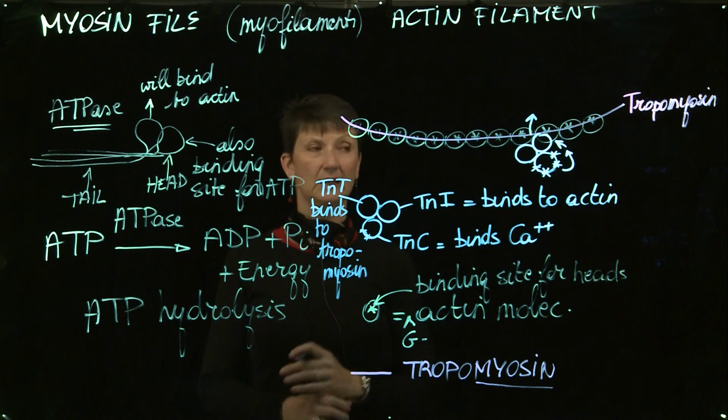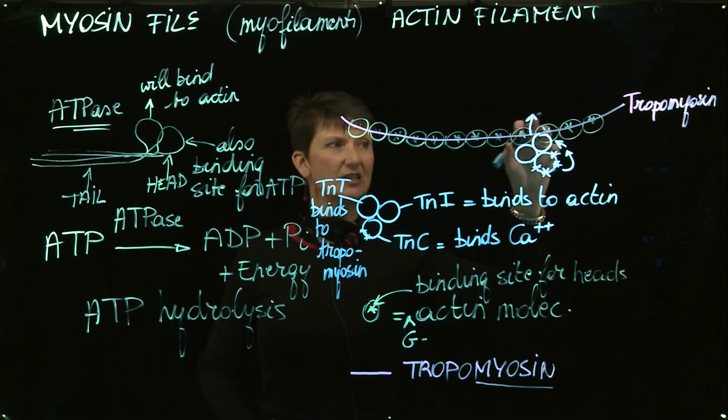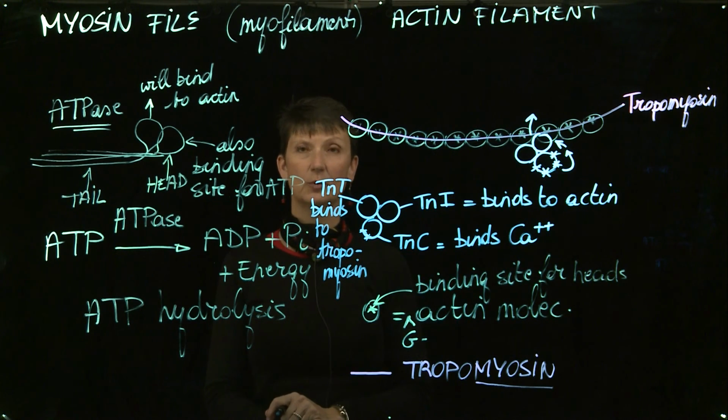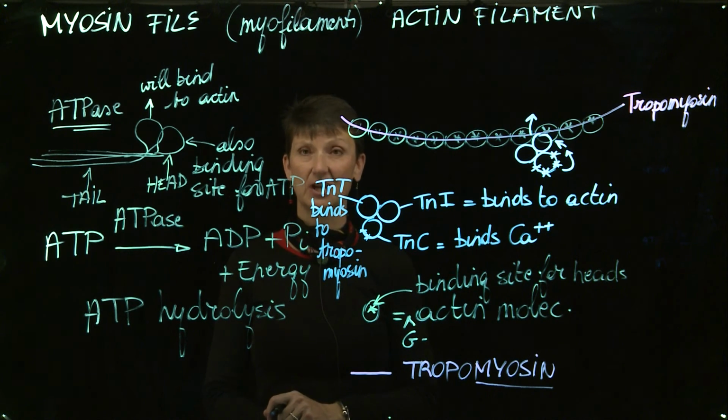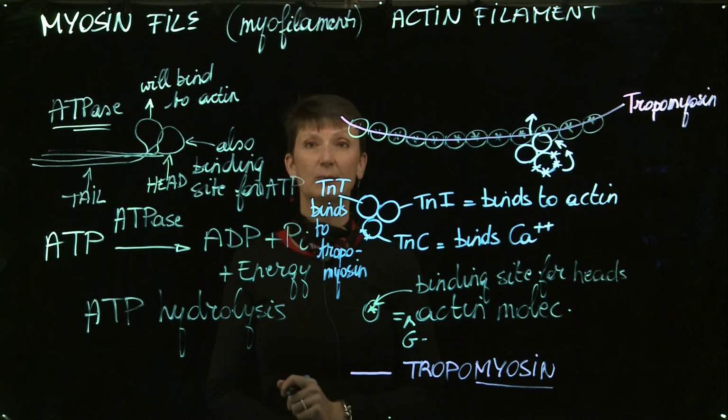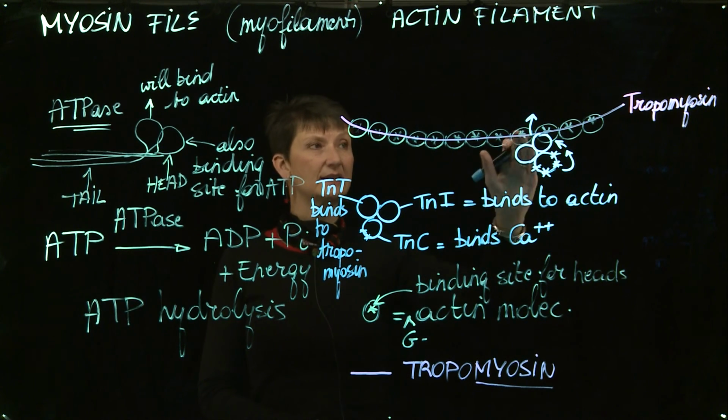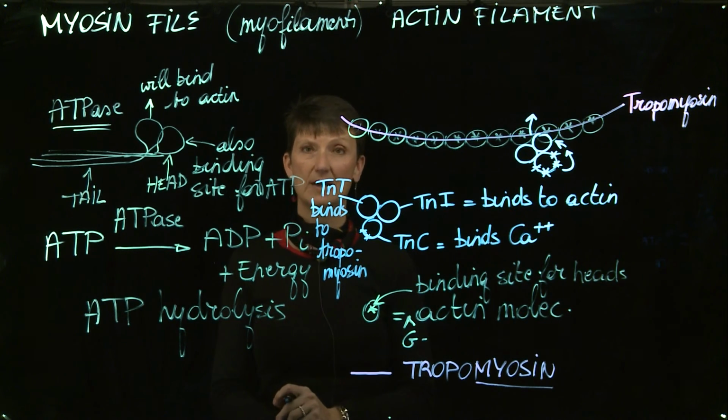It doesn't matter. It is this change in the 3-dimensional shape of our troponin complex. Remember, anytime something binds to a protein, it changes shape. So the 3-dimensional shape of troponin changes, and that causes a shift in tropomyosin.